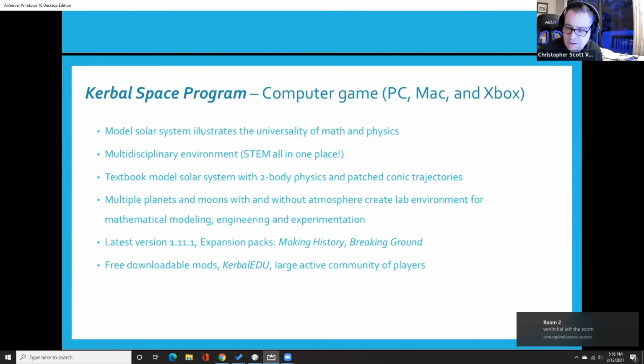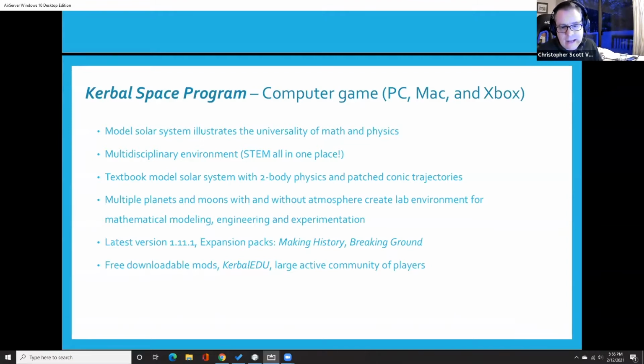Part of what is particularly important to me right now is that I applied for a grant from NASA to teach an introductory math class using rocket science to motivate the math and interest in STEM, and I'm using Kerbal Space Program as a way to illustrate these ideas.